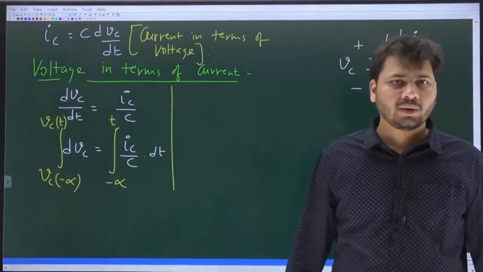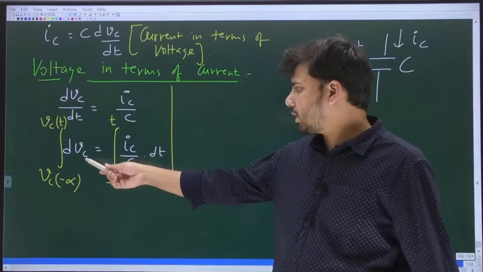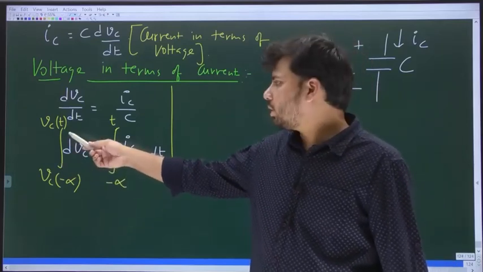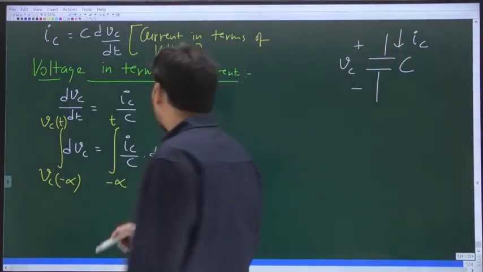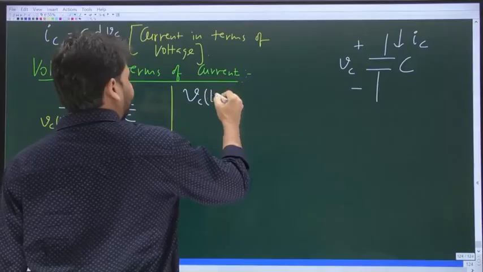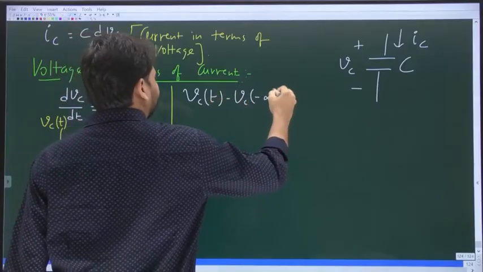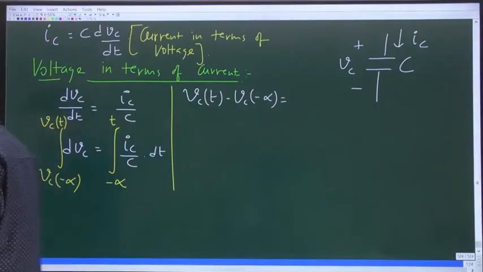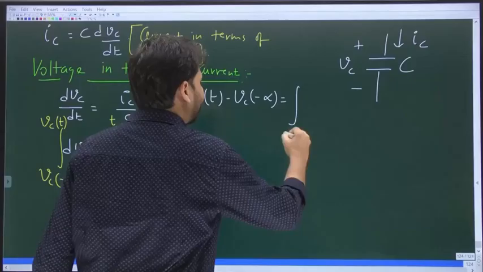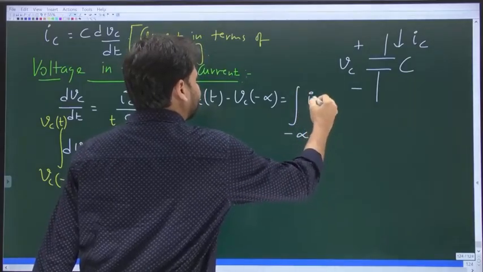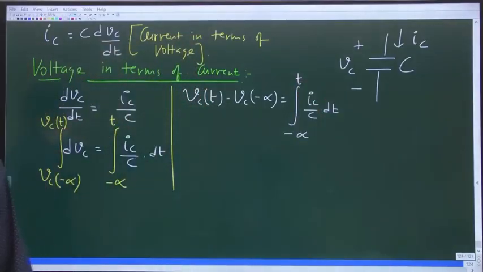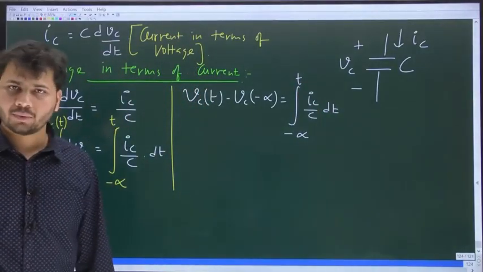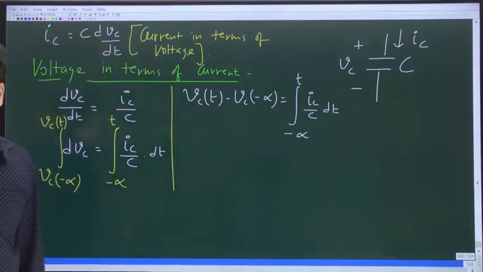So on the left hand side, won't you get Vc of t minus Vc of minus infinity? Vc of t minus Vc of minus infinity is equal to the integration of Ic by C dt from minus infinity up to t. I hope it is clear up to this point.